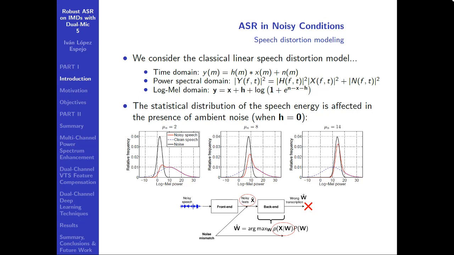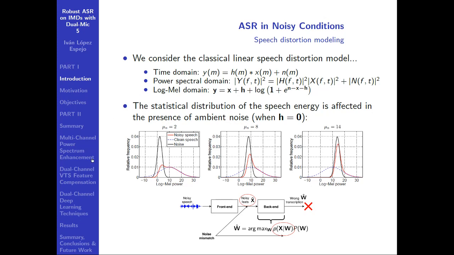So, from this mathematical modeling, we can take a look at how the statistical distribution of the speech energy is affected in the presence of ambient noise, in order to understand why the noise mismatch problem occurs in our example. So, for the sake of simplicity, let's assume that there's no channel noise, and let us also assume that for every filter bank channel, both the noise and clean speech energies can be modeled by means of Gaussian distributions.